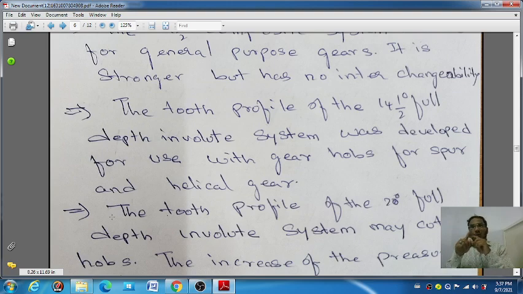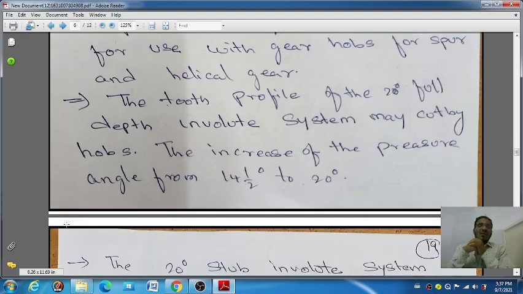It means the entire set of teeth on the gear, whether a spur gear or a helical gear, has the same angle, which is useful for transferring power from one gear to another. The third one is the 20 degree full depth involute system, whose tooth profile may be cut by hobs, with the pressure angle increased from 14 1/2 degrees to 20 degrees.